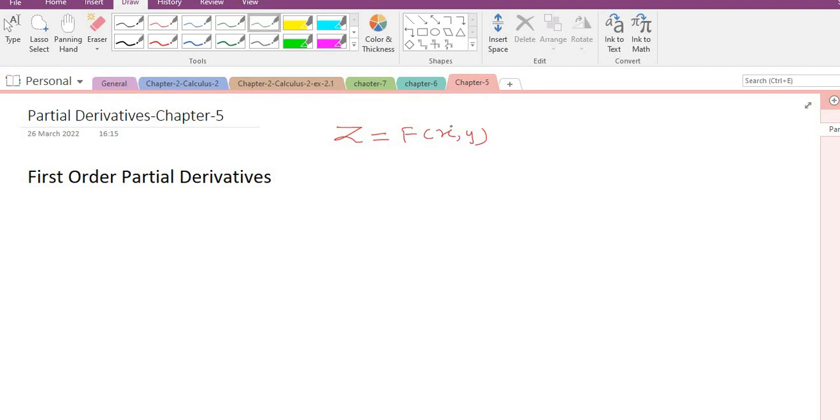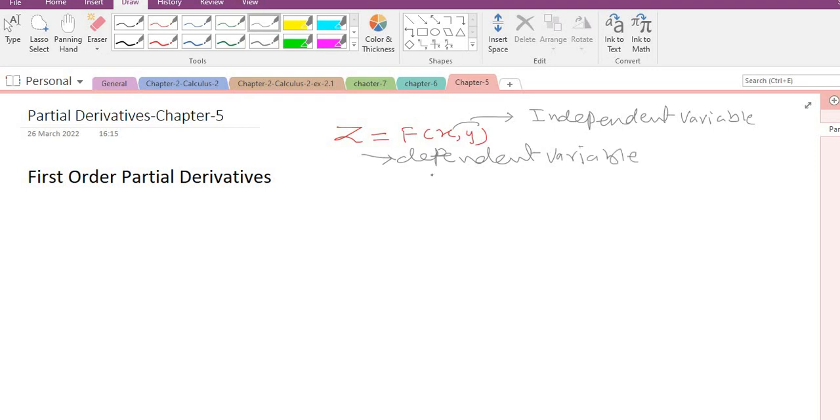This x and y are called independent variables and z is called the dependent variable.